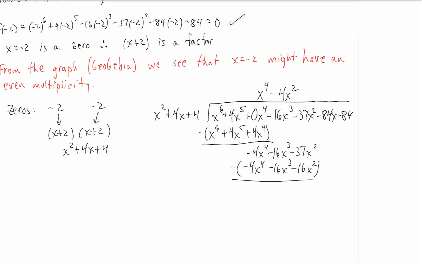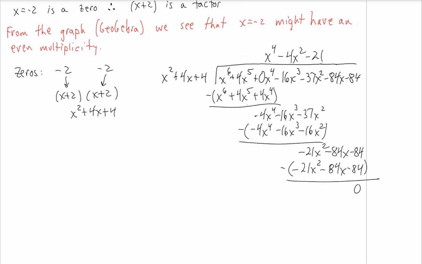So then we're going to do 37 minus 16. Oh, whoops. It's going to be negative 21. So minus 21. Then we get our remainder of 0. But again, that's not a surprise though. We already checked the negative 2 as a 0. And the graph told us that it was a 0 at least twice.